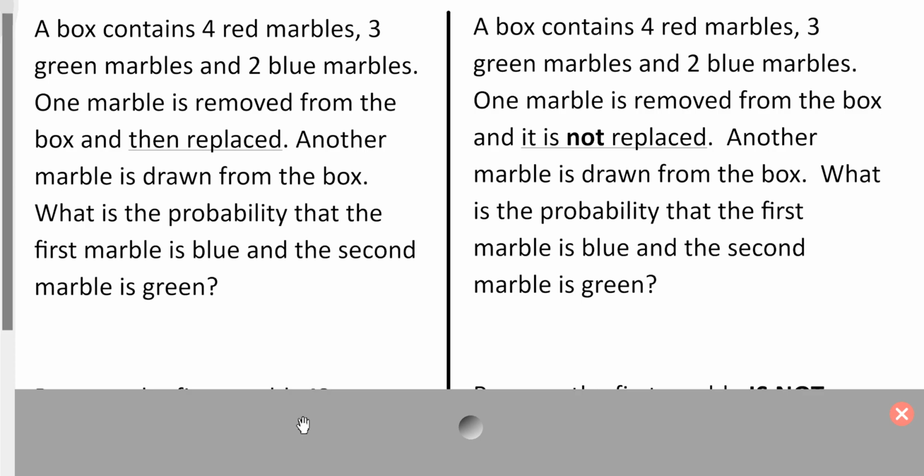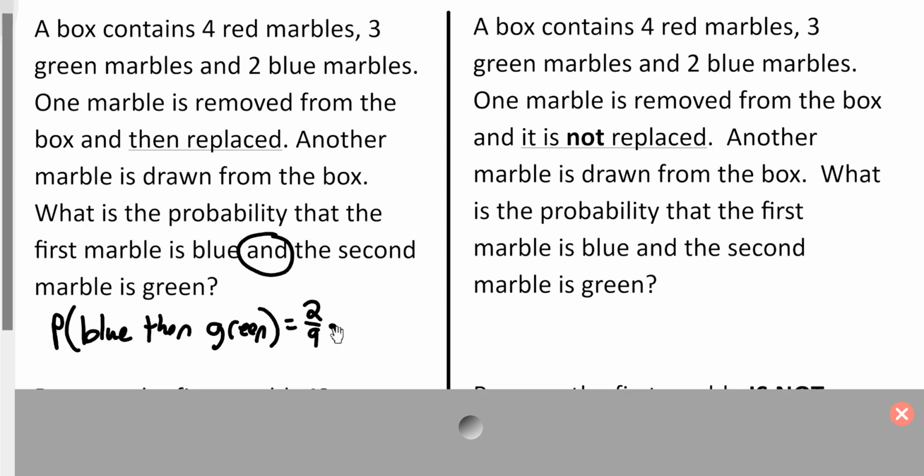Okay? So, if we want both things to happen, it's an and, that's when we said we're going to multiply. So the probability of blue, and then, maybe I can even use the word then, green: the probability of getting blue was 2/9. There's 2 blue.